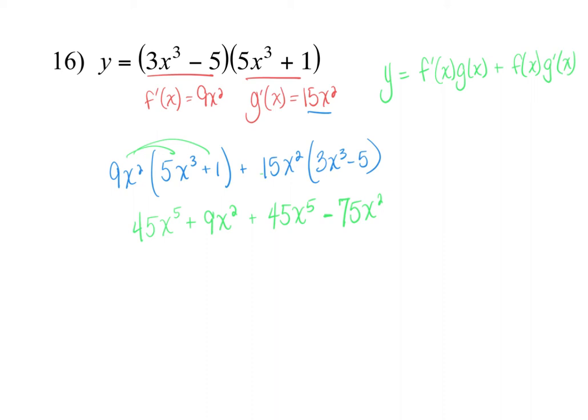And then, of course, combine like terms, 45 and 45 give us 90x to the 5th, +9, -75 gives us -66x squared. And that is our derivative.